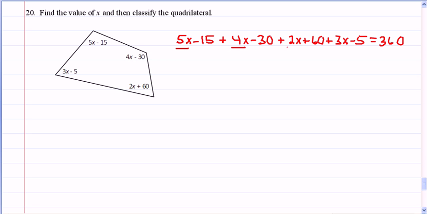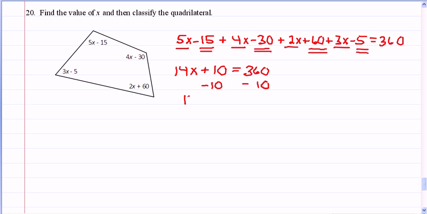So I start by combining my x's. 5x and 4x is 9x, plus 2x is 11x, plus 3x is 14x, and then I have negative 15 minus 30 is negative 45, plus 60 is 15, minus 5 is 10. It's positive 10, so I add 10, set it equal to 360, and then continue with solving for x by subtracting 10, so that 14x is equal to 350.